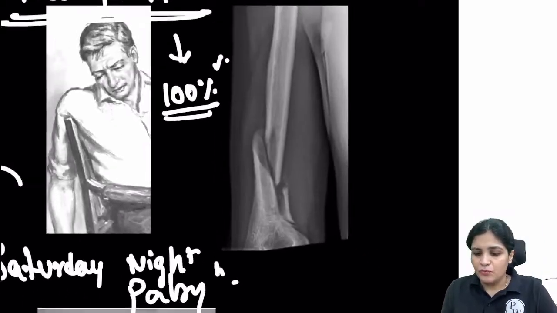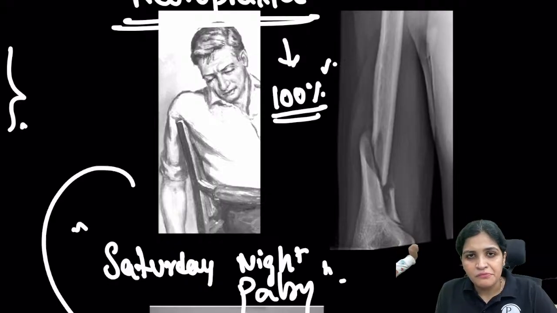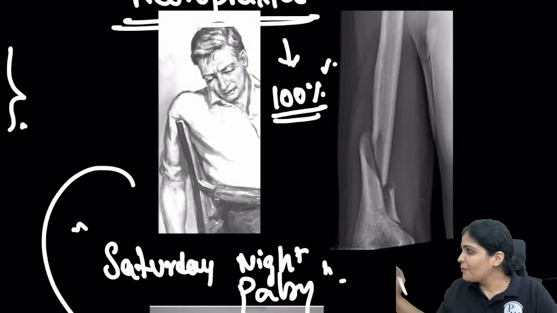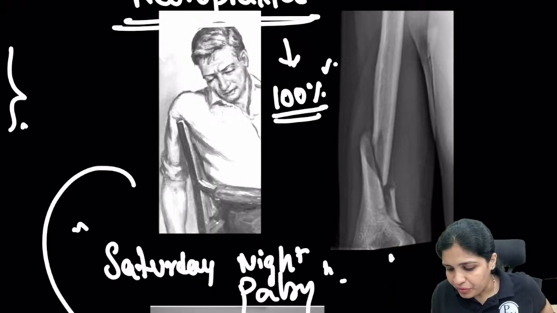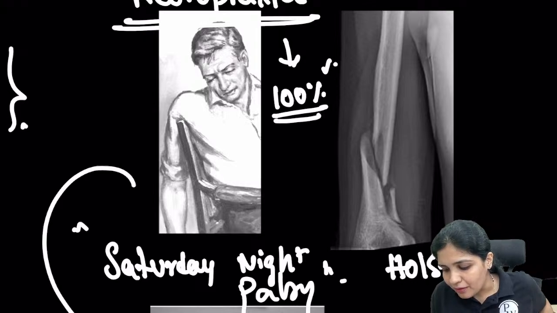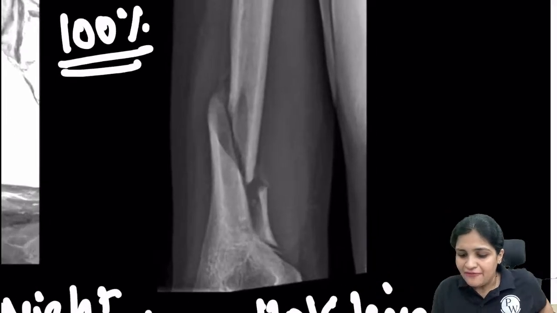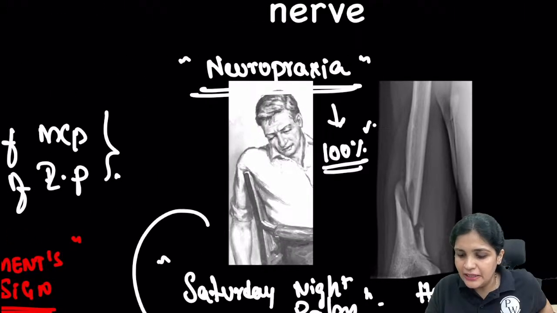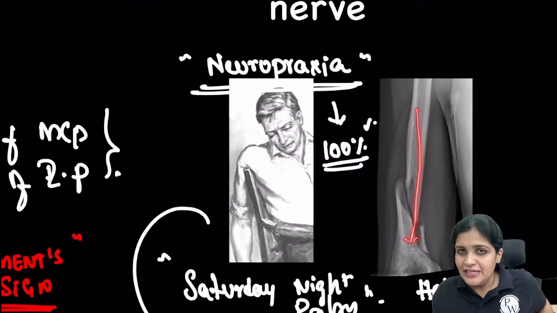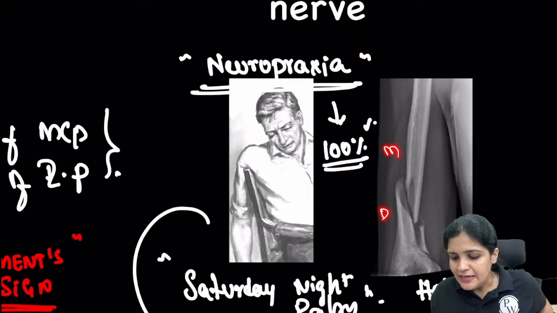And what is this fracture? Radial nerve, because there is a shaft. This is the humerus, right? Specifically, this is the proximal humerus, middle humerus, distal humerus.